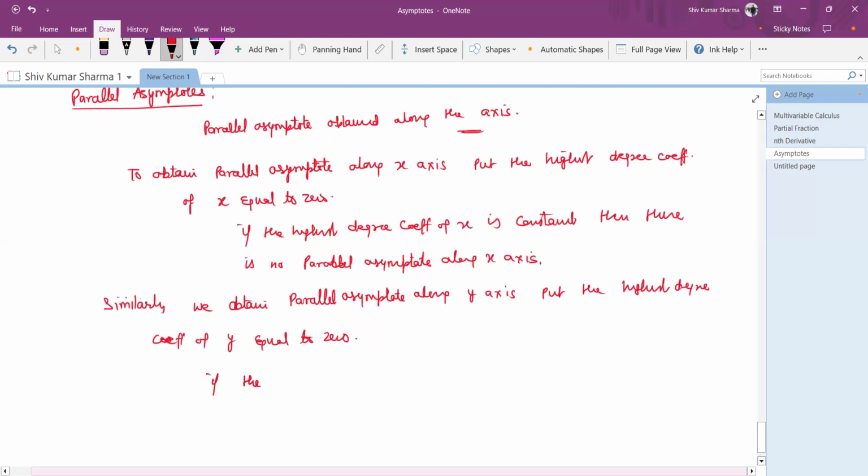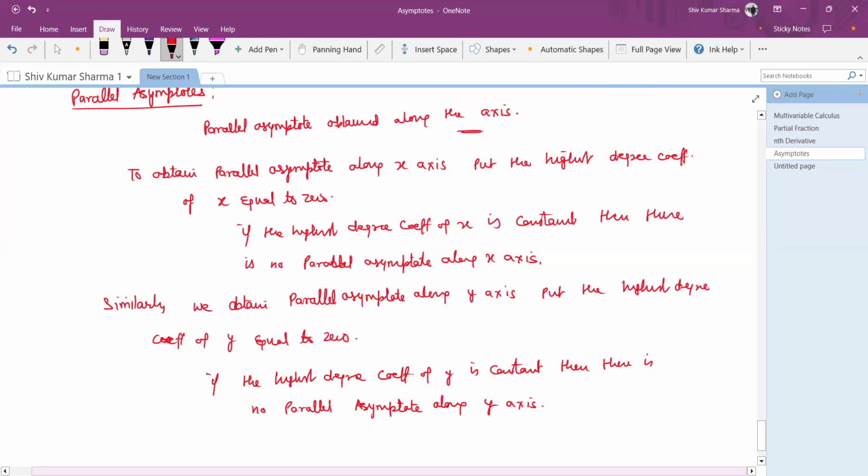If the highest degree coefficient of y is constant, then there is no parallel asymptote along the y-axis.